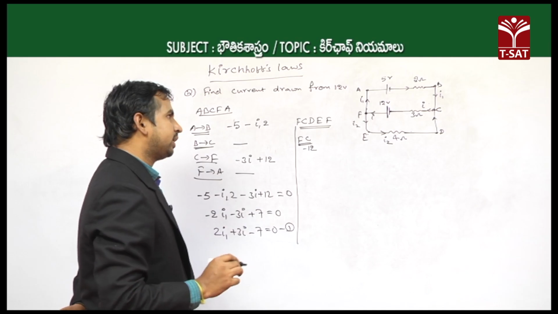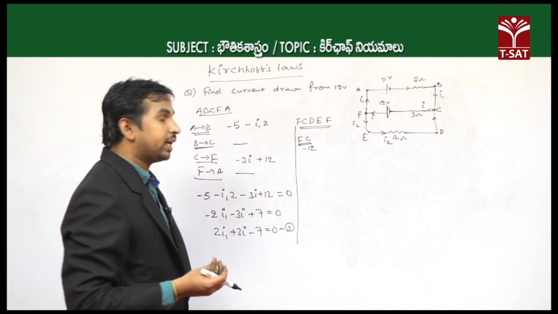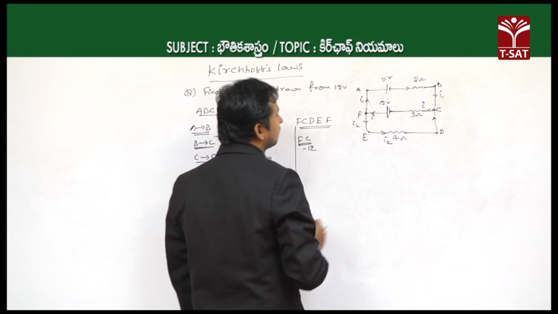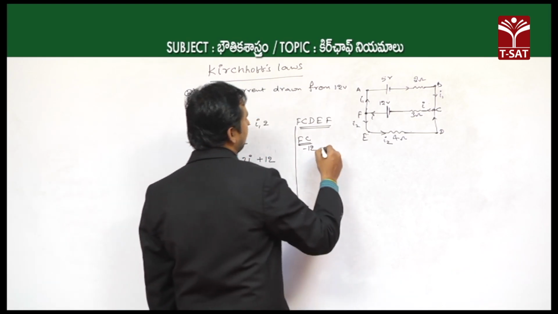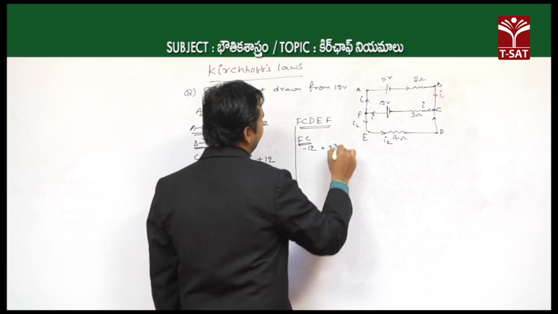And when we come across the resistance, as we are going against the direction of current, the resistance value is taken as positive, so we have plus 3I.